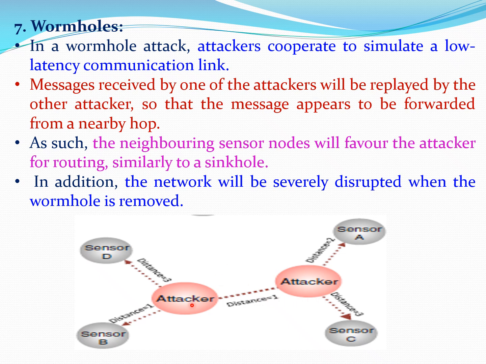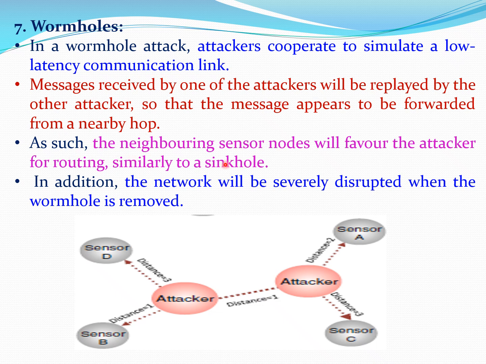The attackers will play a role such that from the source to the destination, they come in the middle and create the impression that the path is the destination. It acts as a destination or creates a low latency path. A message received by one of the attackers will be replayed by the other attacker so that the message appears to be forwarded from a nearby hop.